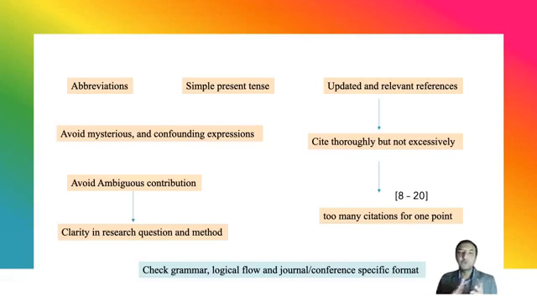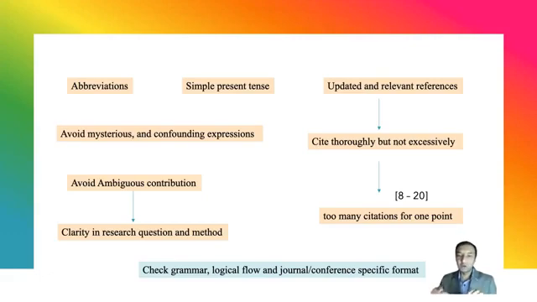Then we usually write the abstract in simple present tense, and it's a good practice to write in simple present tense. Also, references: we discussed, I gave you 2 tips earlier. Now, when you cite, you must cite, but do not cite excessively.